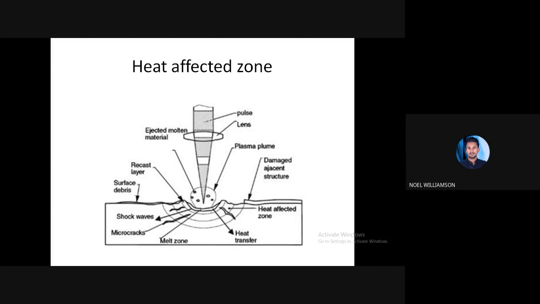In this case also there is a heat affected zone, but comparatively it will be less because this is highly localized. Now how it changes due to various process parameters, that we will see.